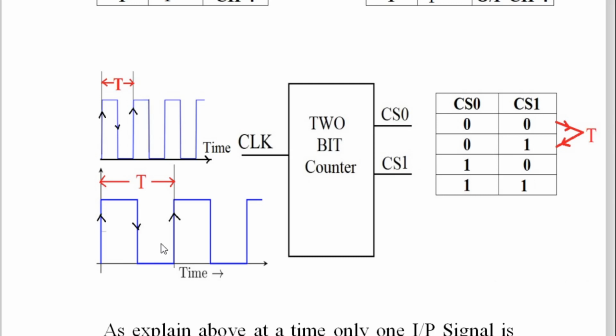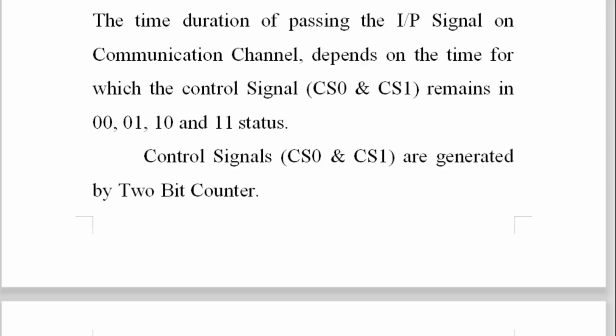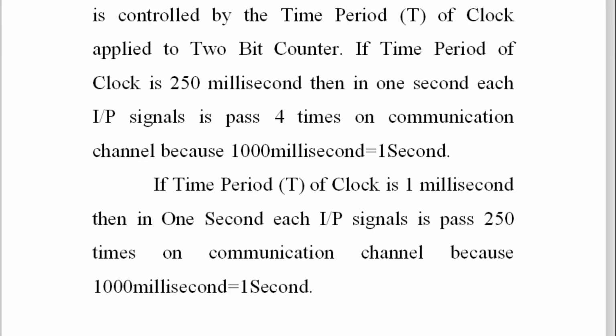Therefore it is said that in 1 second each information signal is passed on the communication channel. How many times?